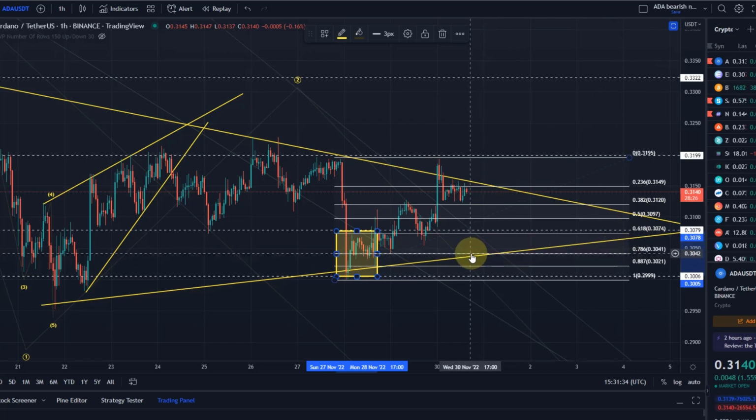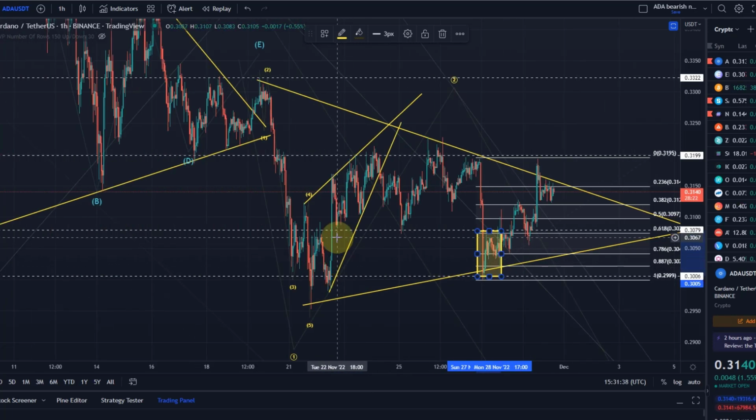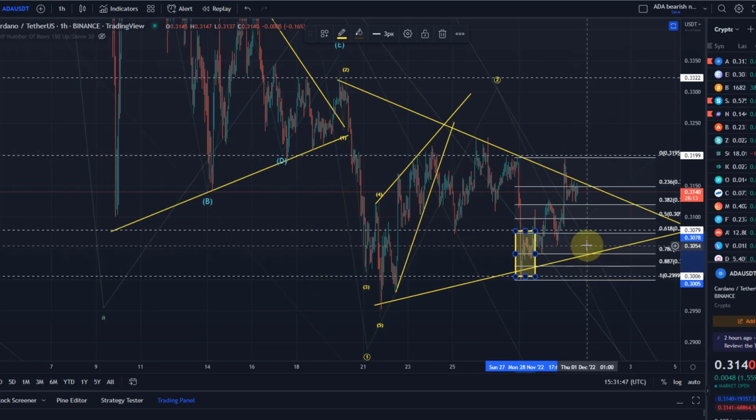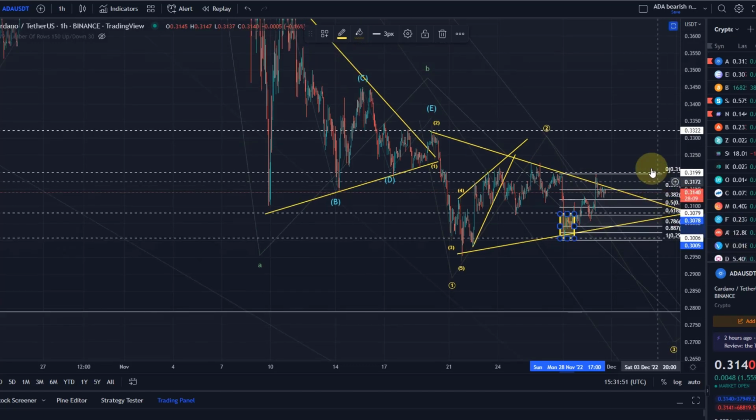So if we go below 30.4, then this very small bullish option would be very unlikely as well. So keep an eye on the 30.4 cent level. If we drop below that, that would be a very good signal that we are breaking down, in my opinion. But yeah, that's really all I can tell you about ADA at the moment.